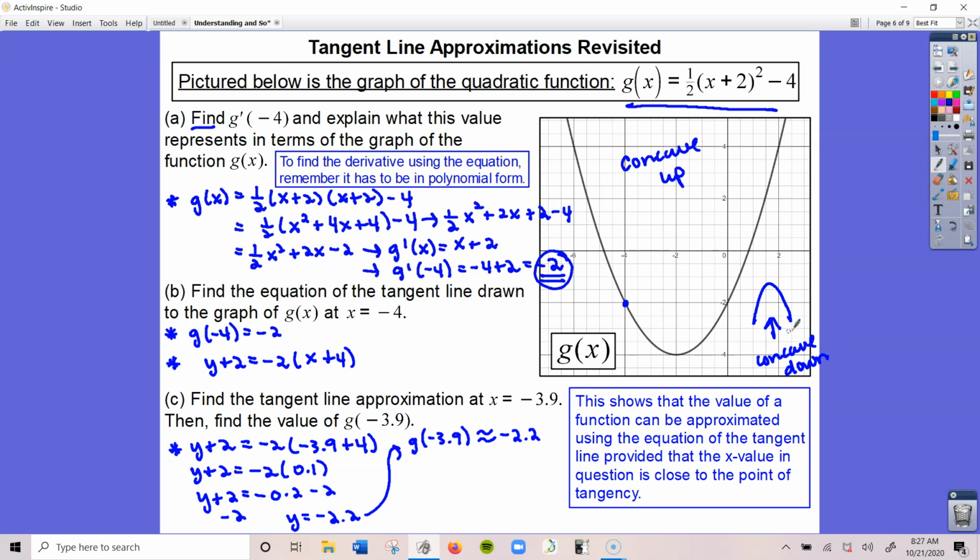And concavity can change throughout your graph if it has multiple curves. But anyway, if your function is concave up, that means that my tangent line would lie below the graph, making this an under approximation.